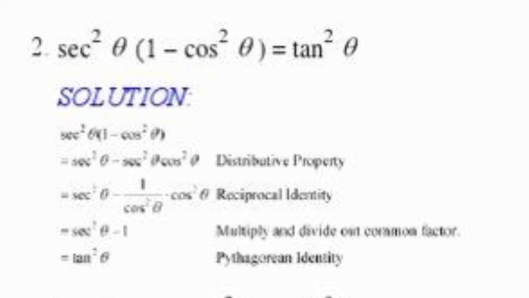Equals secant squared theta minus 1. And the answer is tangent squared theta, by the Pythagorean identity. So group 2 got the correct answer. I gave 10 points for that. It's overall 100%.